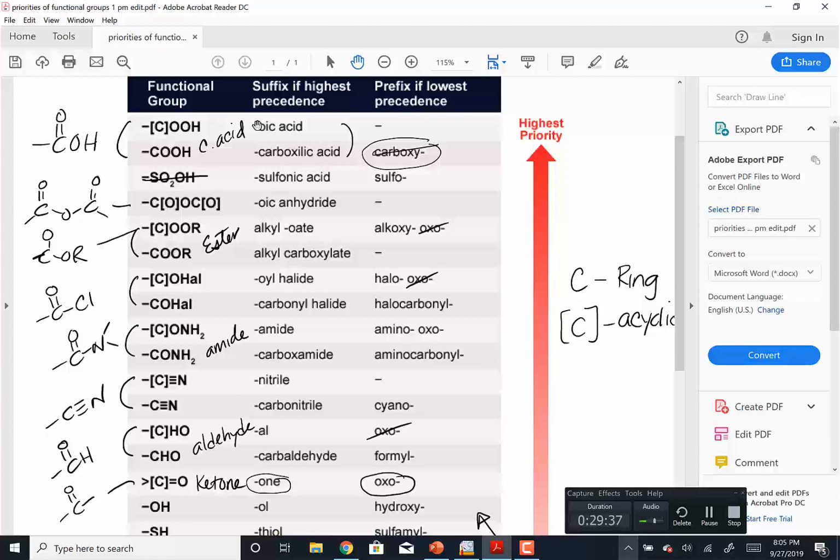Now, because this carboxylic acid is attached to a ring, I'm going to use the carbon without the brackets, and so this is going to be a carboxylic acid. And notice, I don't think this is a typo, there's an I there instead of a Y. But that is going to be the name, carboxylic acid with an I. If you put a Y in it, it's okay.